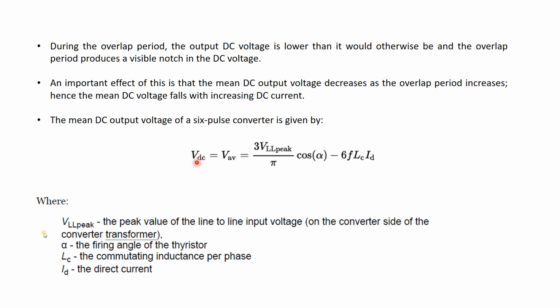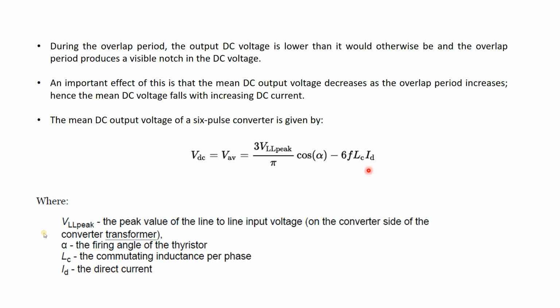So if the firing angle is increased, the DC voltage will decrease. Increasing the firing angle means it is done ahead of time, so that will result in more and more notch and a decrease in the DC voltage.